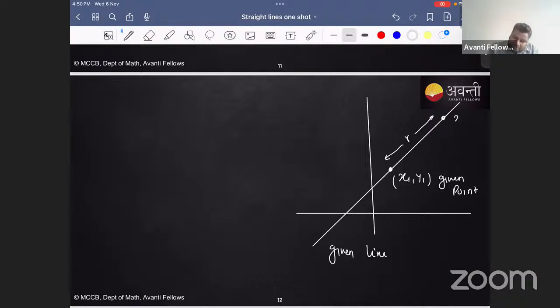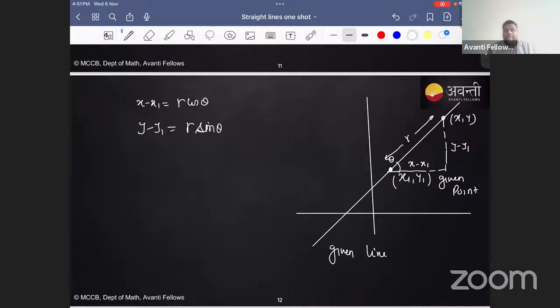Then let us assume this point is (x, y). So this distance is y minus y1. This distance is x minus x1. The line's inclination is known to me. That means x minus x1 will be r cos theta and y minus y1 will be r sin theta.